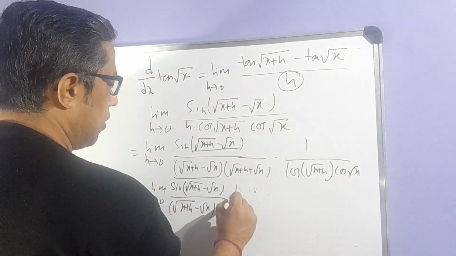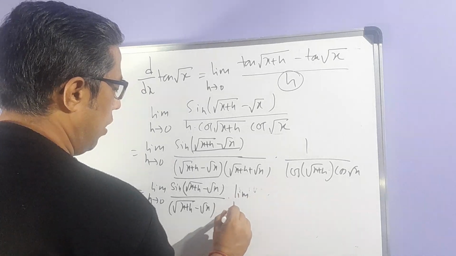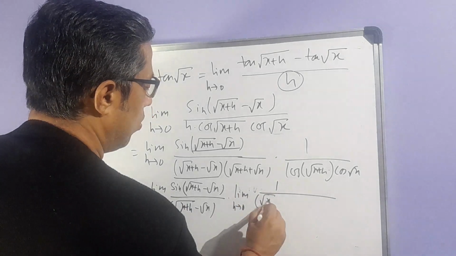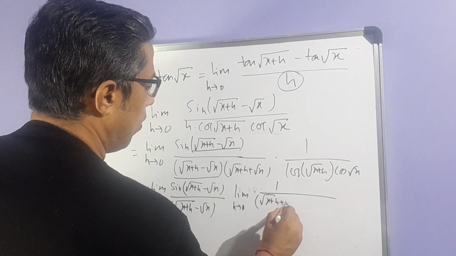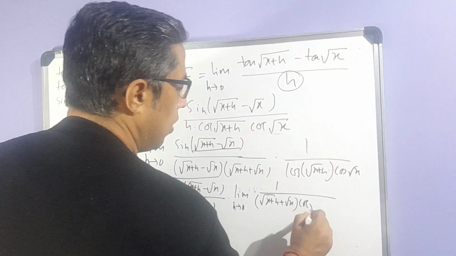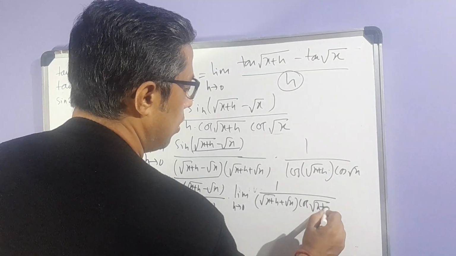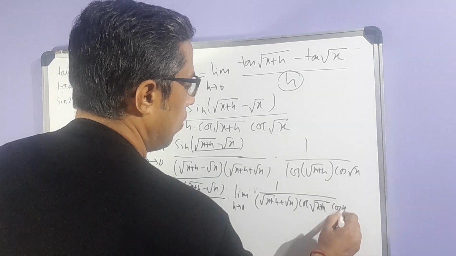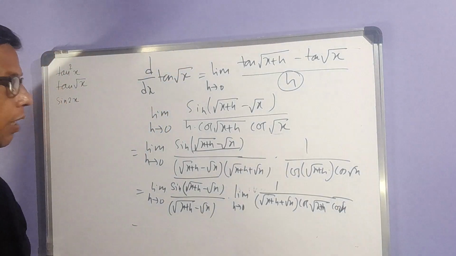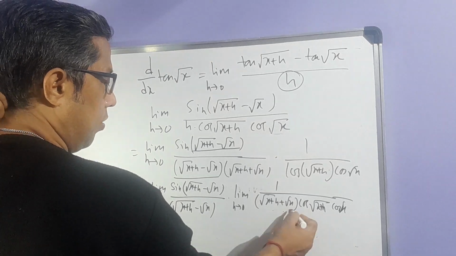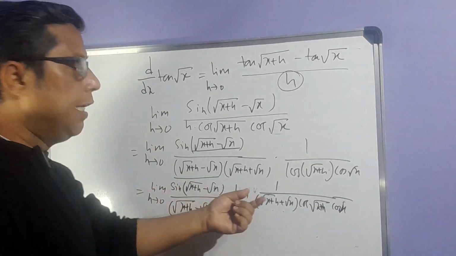Now next is limit h tends to 0, 1 by root over of x plus h plus root x into cos of root of x plus h and cos of root x. So here I can put h is equal to 0, and it will not be an indeterminate form.